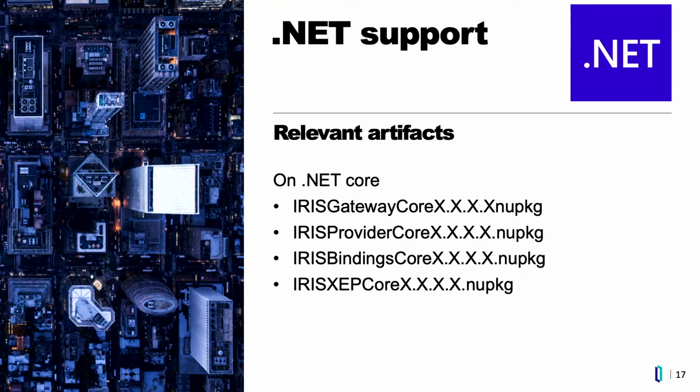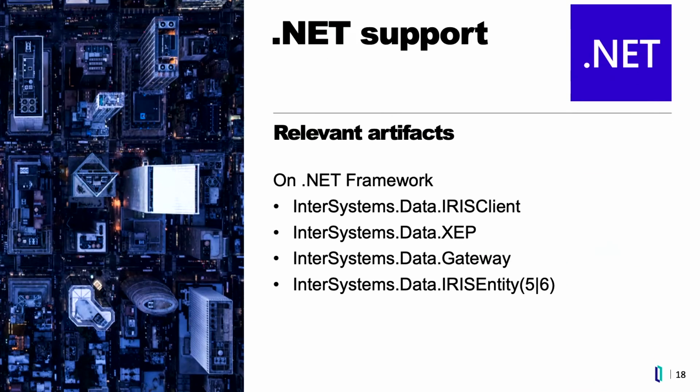We have the provider, the bindings, again, when you're migrating from Cache on Ensemble to Iris, and XCP. And for the framework, I think it looks very, very similar, right? What's new here compared to the other one is the entity framework, because that's only available in .NET Framework, not in .NET Core, right?